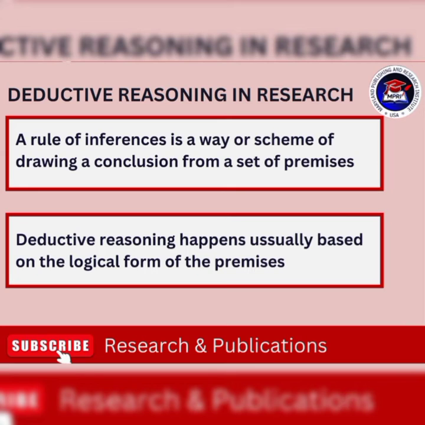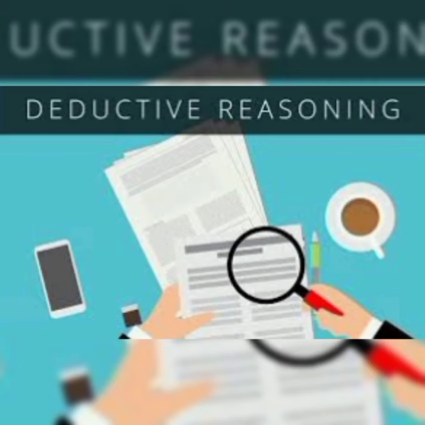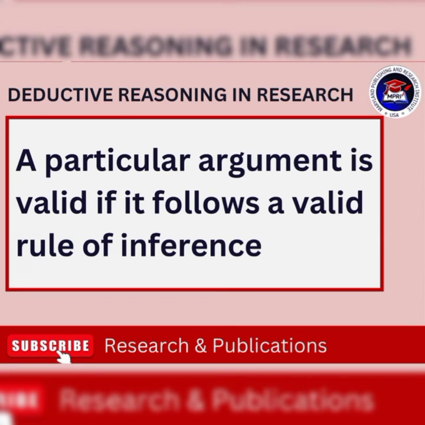A rule of inference is a way of drawing a conclusion from a set of premises. This takes place often depending only on the logical form of the premises. A rule of inference is compelling if, when applied to true premises, the conclusion cannot be false. A particular argument is valid if it follows a compelling rule of inference.